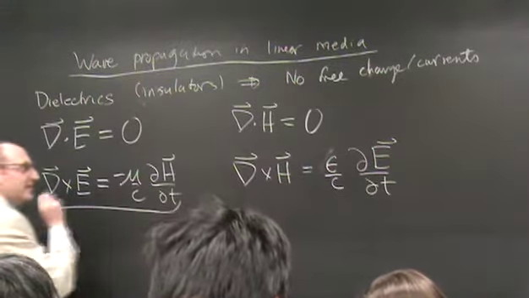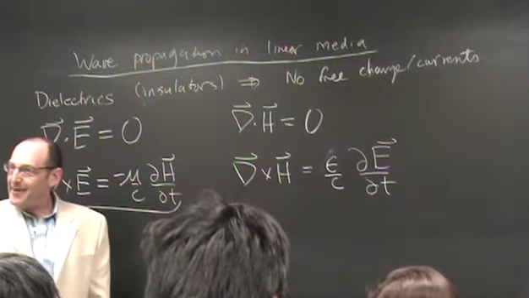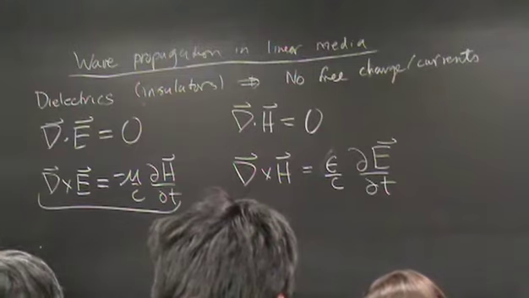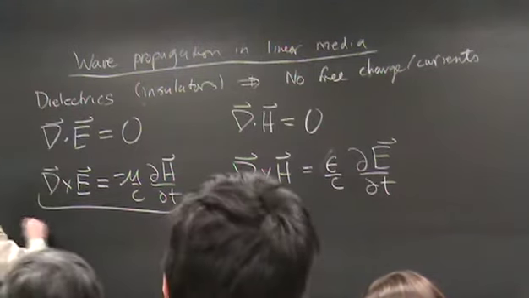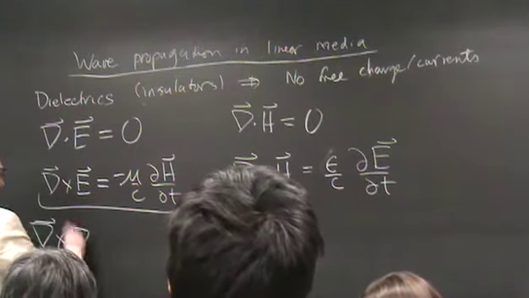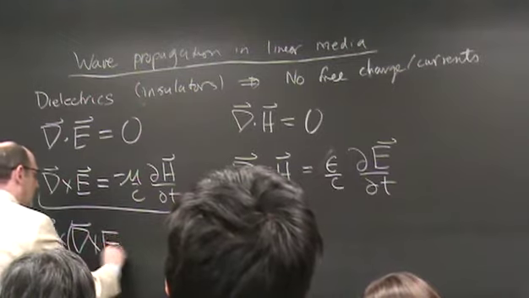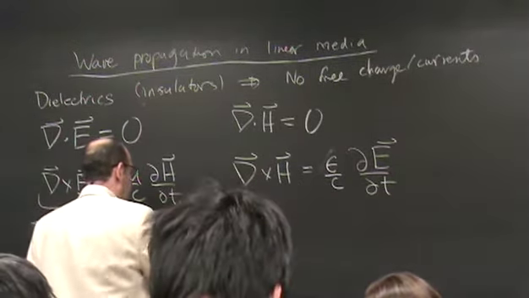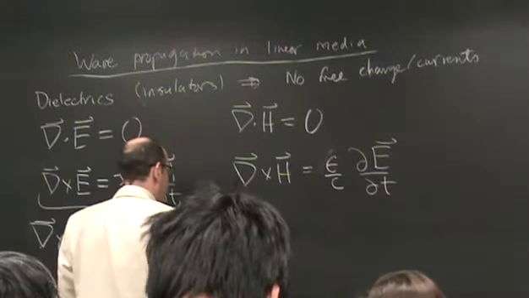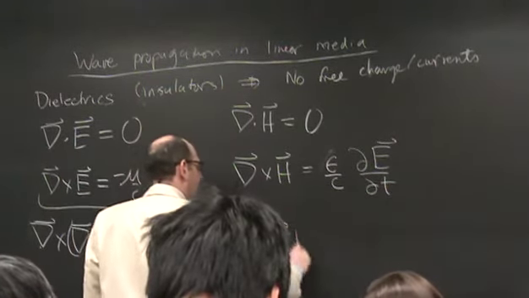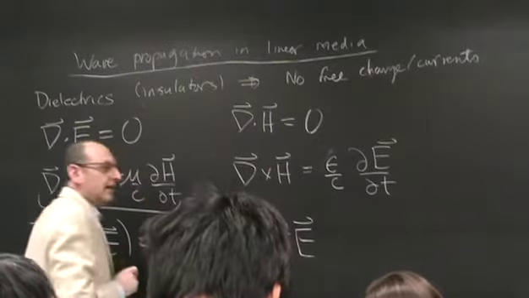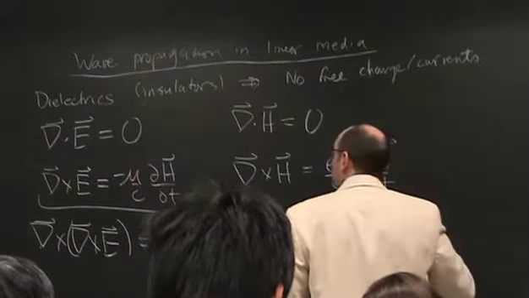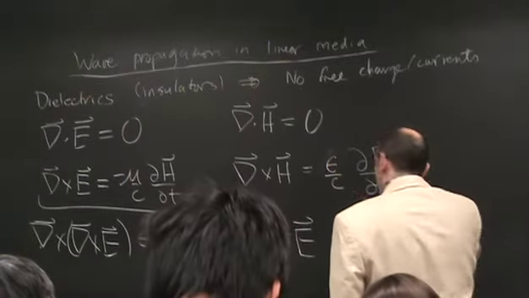So everyone should remember how you get the wave equation. You take the curl again. So the curl of curl of E, everyone knows, is equal to the gradient of the divergence minus the Laplacian, is equal to then minus mu over c, the curl of that.